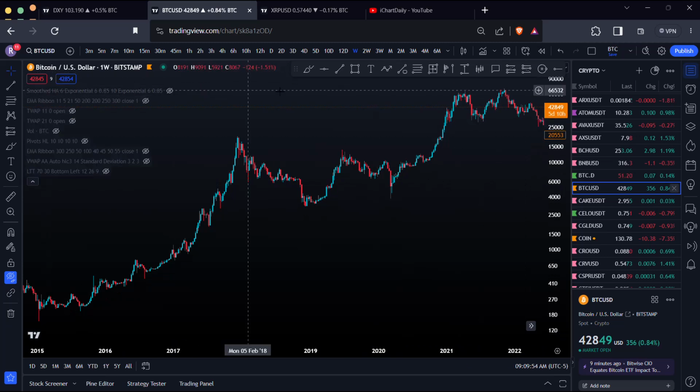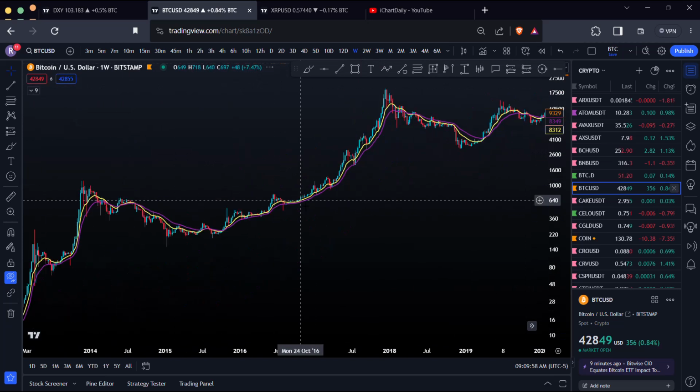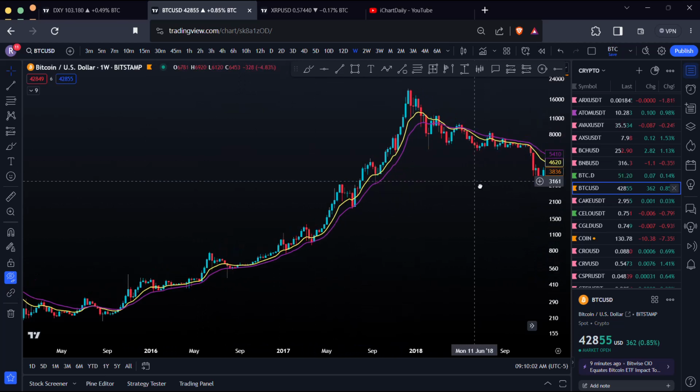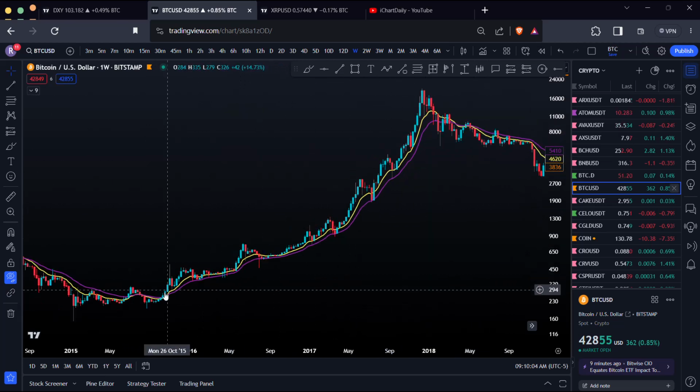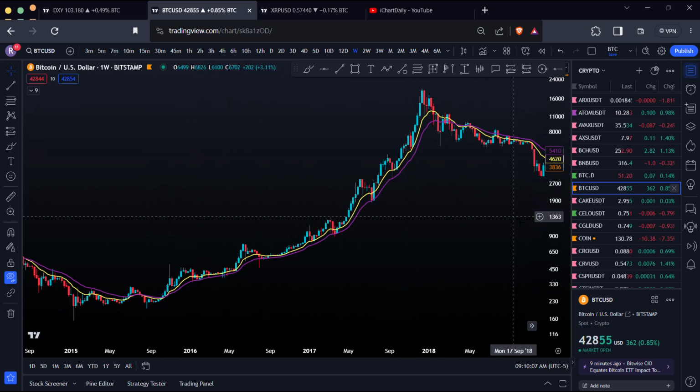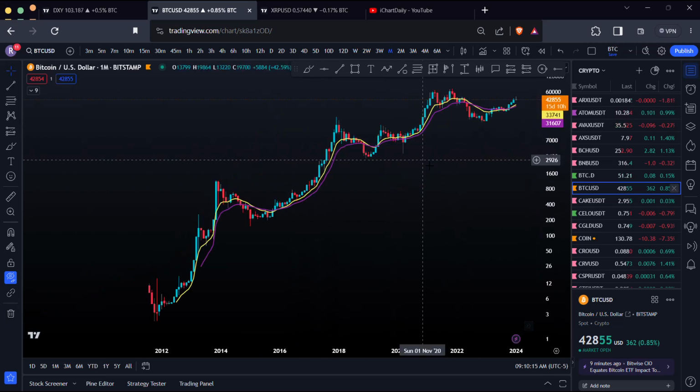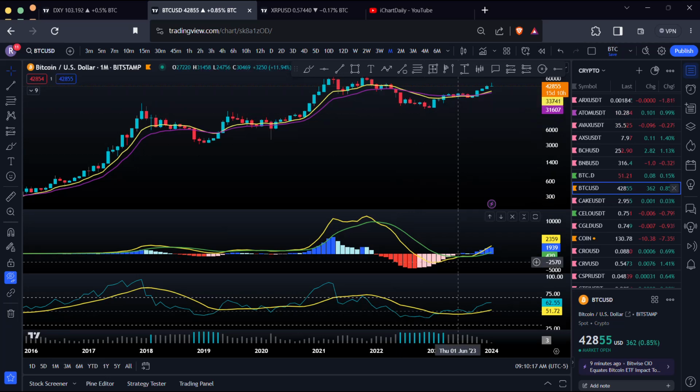The most important thing is on the weekly chart, the price has always come back to the 11 and 21 day moving average and used it as support when the sentiment was bullish. When it is bearish, it comes back to the moving average and uses it as resistance until the long-term trend changes and you start seeing, guess what happened right here? A golden cross.